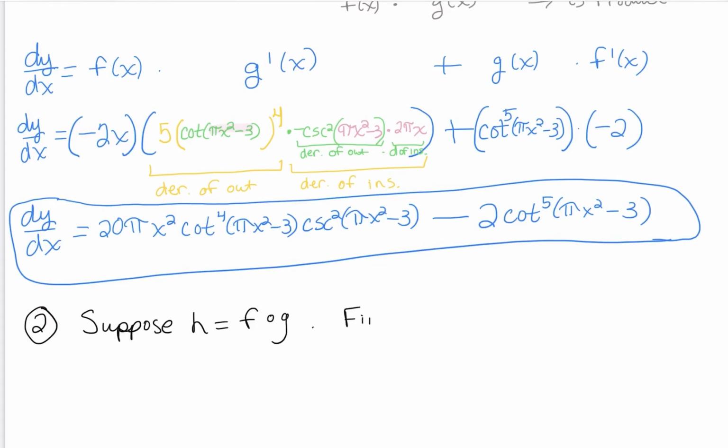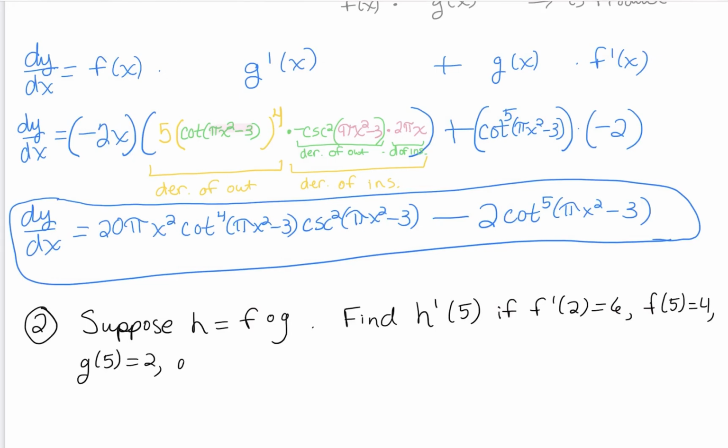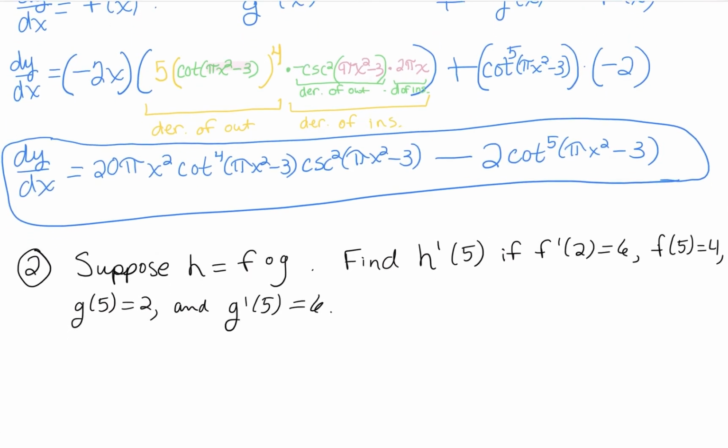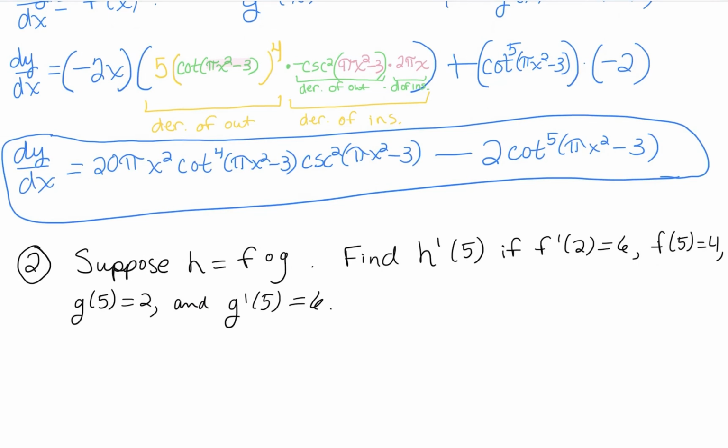And suppose that you are asked to find h prime of 5 if f prime of 2 is equal to 6, f of 5 is equal to 4, g of 5 is equal to 2, and g prime of 5 is equal to 6. So sometimes you're given a whole slew of information. Maybe we'll use it all, maybe we won't.